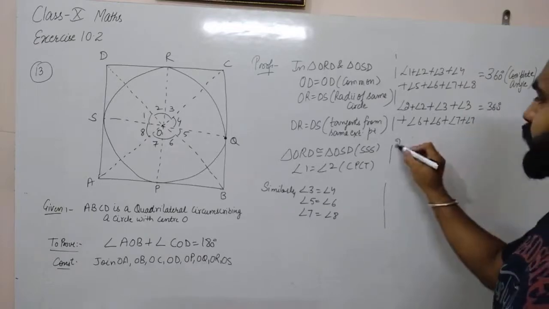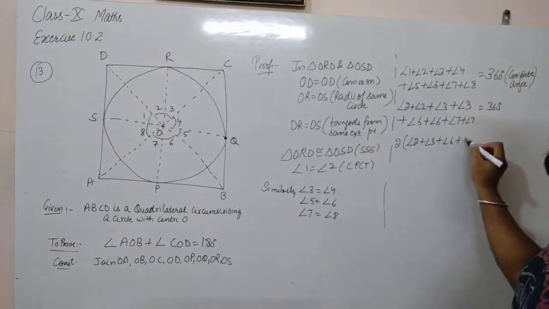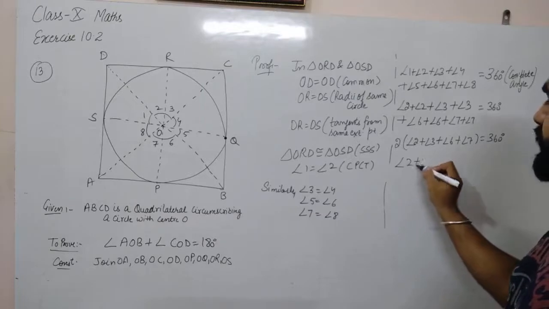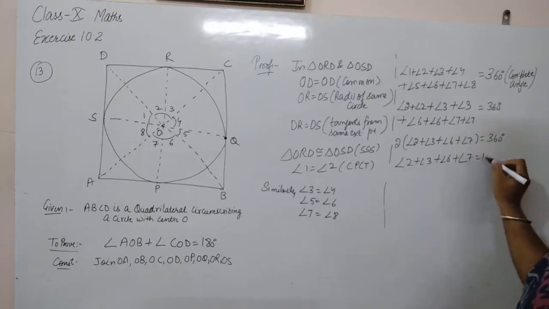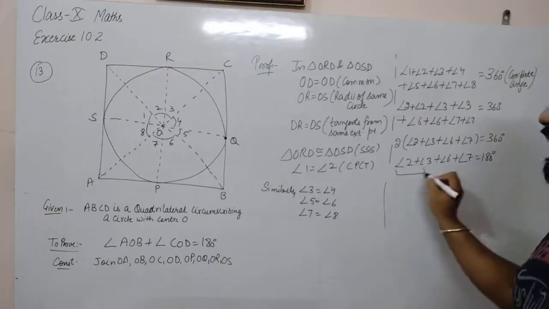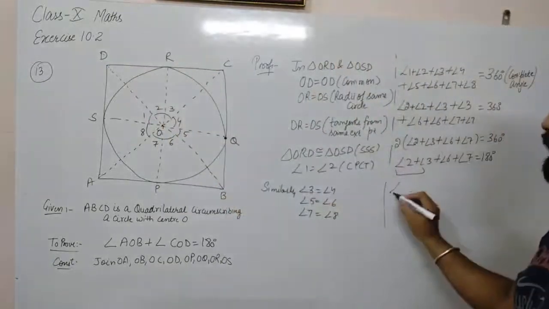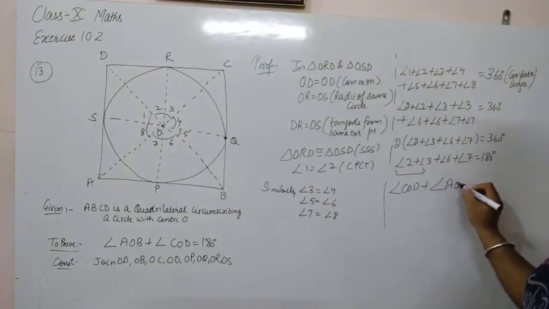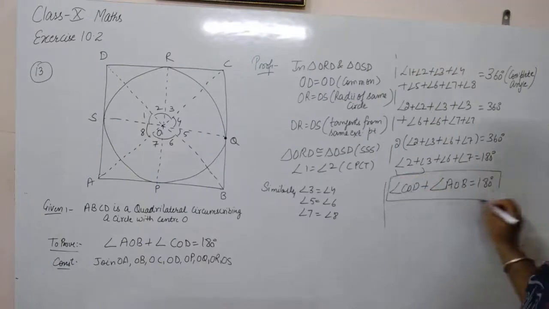This will be equal to 2 times angle 2 plus angle 3 plus angle 6 plus angle 7 is equal to 360. So angle 2 plus angle 3 plus 6 plus 7 will be equal to 180. And what is angle 2 plus angle 3? This is angle COD. And angle 6 plus 7 is angle AOB. This is the required proof.